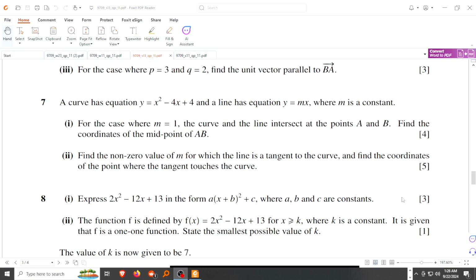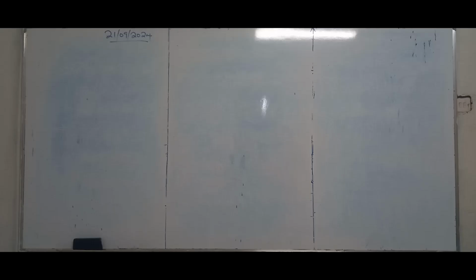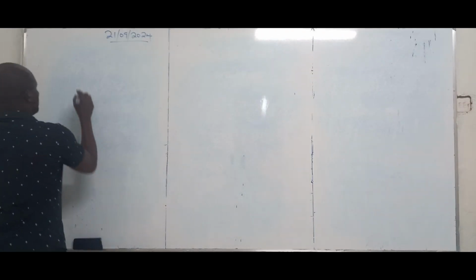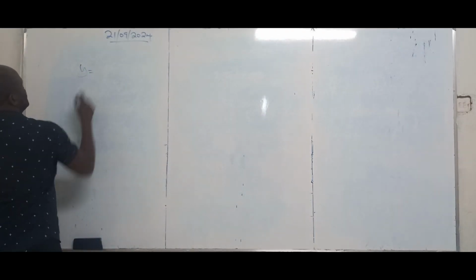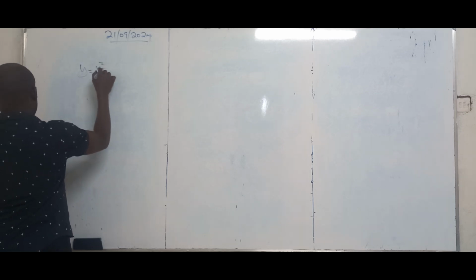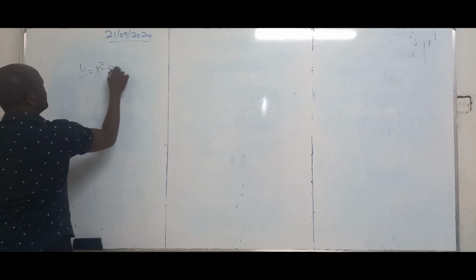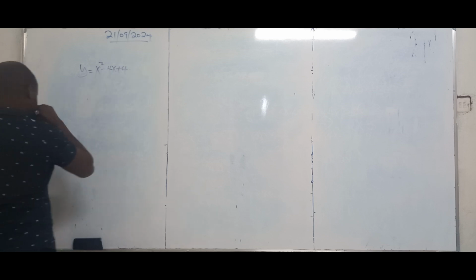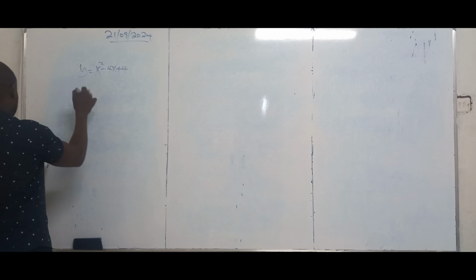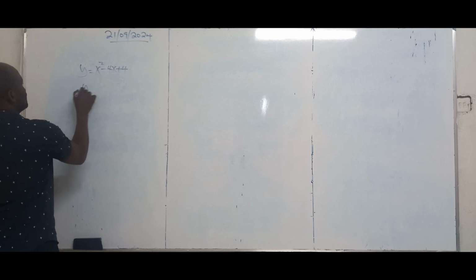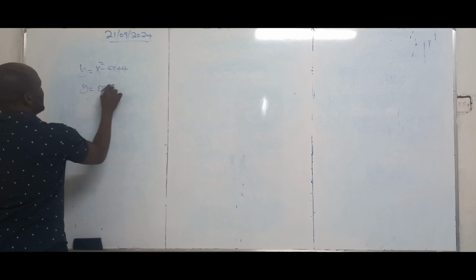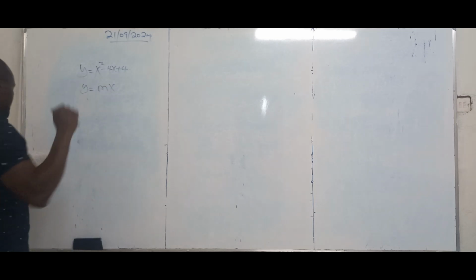We look at the solution. A curve has equation y is equal to x squared minus 4x plus 4. That's a curve. And a line has the equation y is equal to mx, where m is a constant.